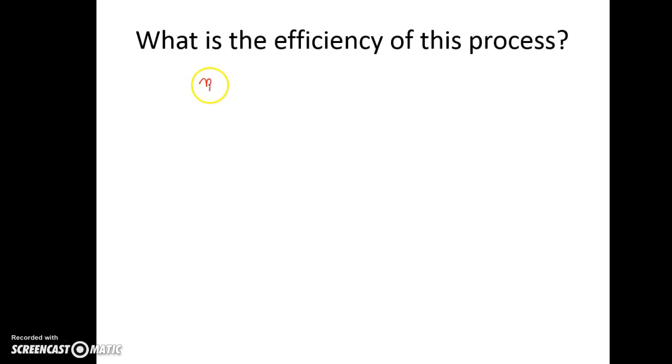So efficiency is simply net work divided by heat supplied. So the work in this example is work turbine minus work pump.